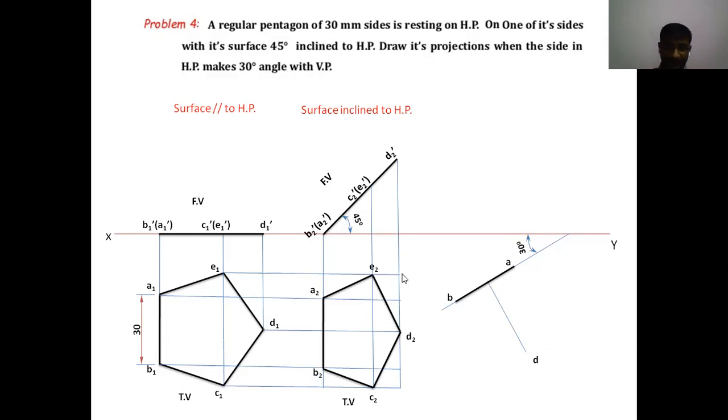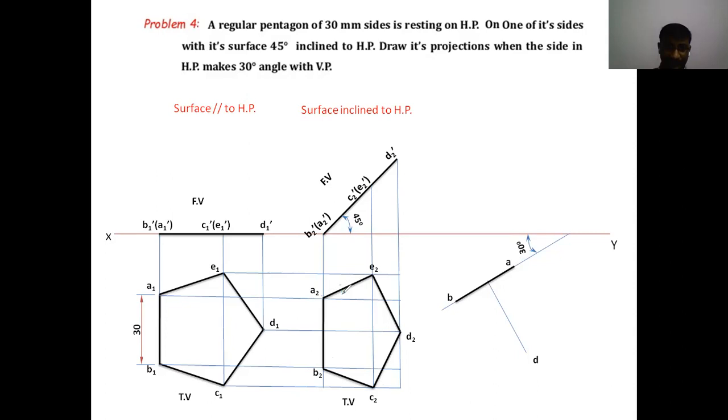After getting D, how to locate E2 and C2 in this top view, E and C? Take A as center, with A2 E2 or B2 C2 as radius.